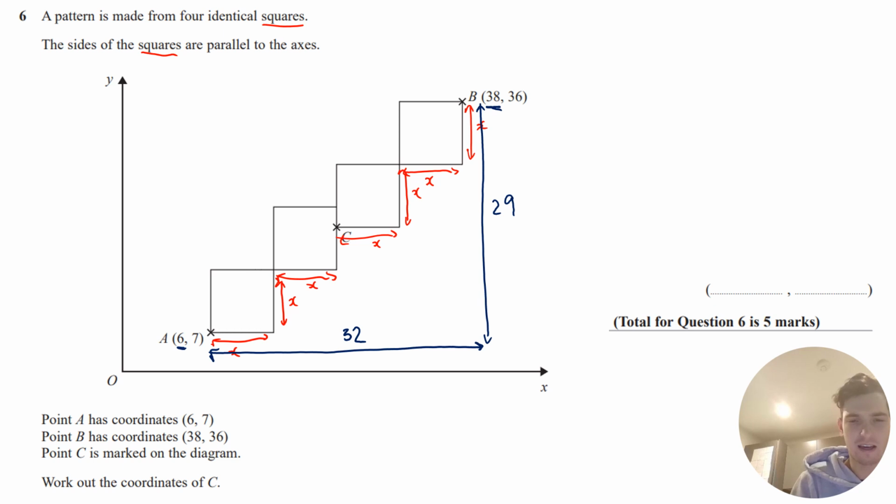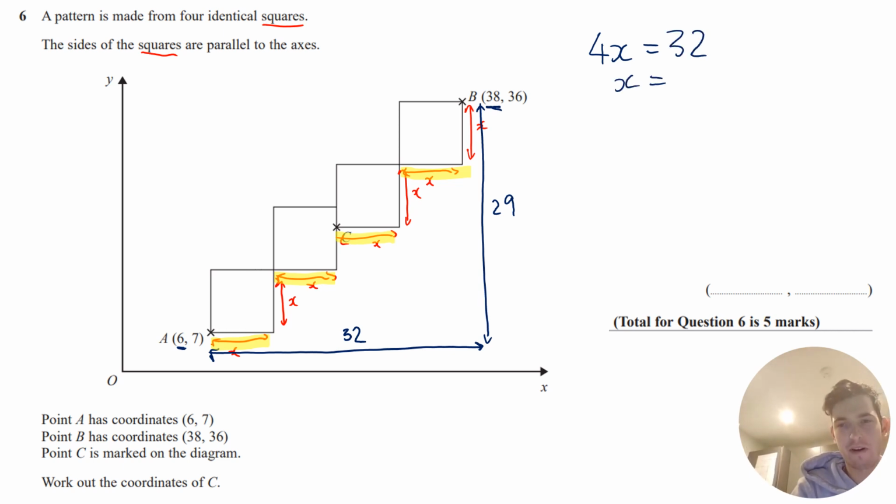Well, I actually think I'm going to use my horizontal distance, because if I have a look at my x's, I've got 1x, 2x, 3x, and 4x. So if I think about an equation here, 4x equals, well, what is that total horizontal distance? It is 32. So divide that by 4, and I have my value of x.